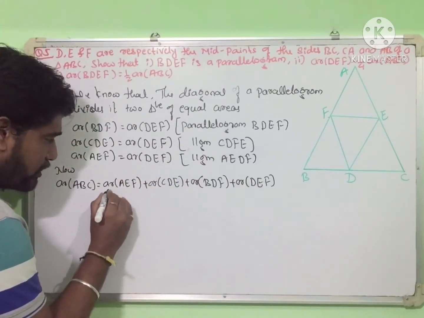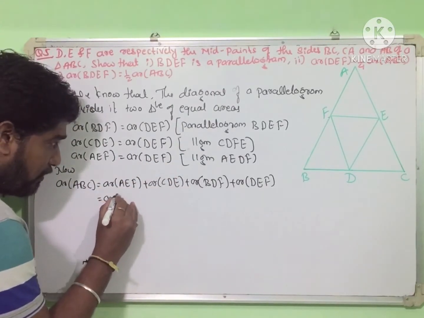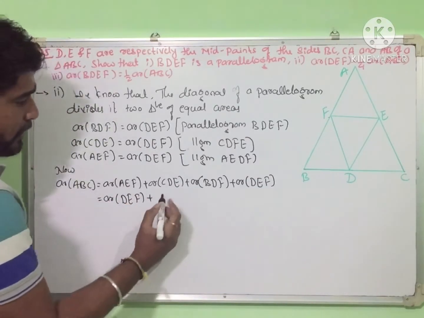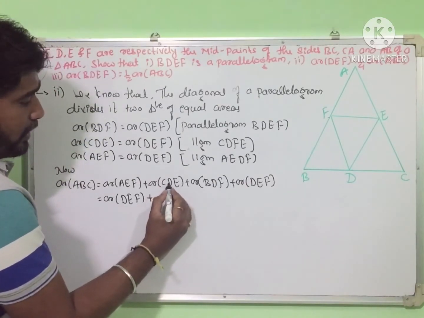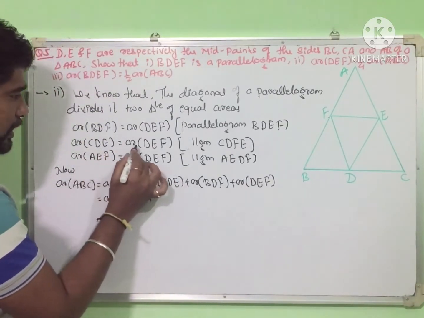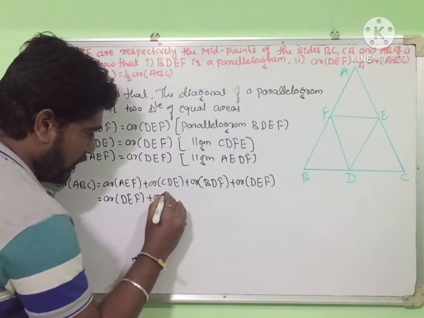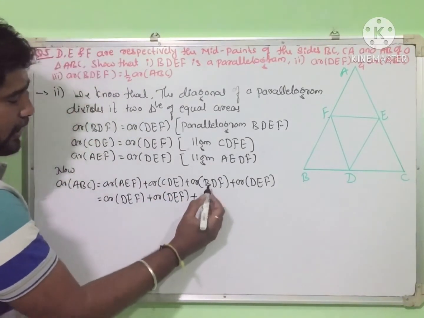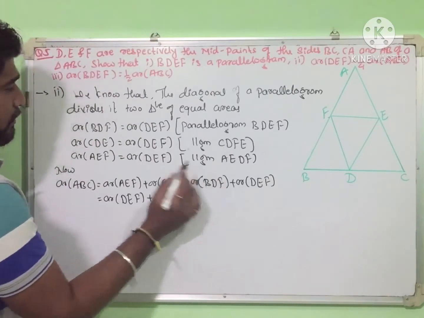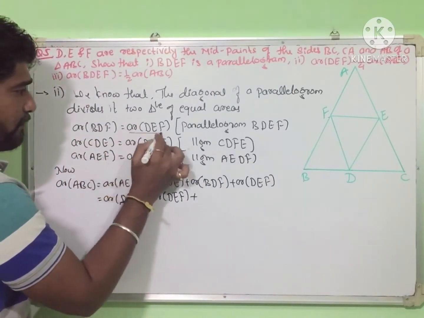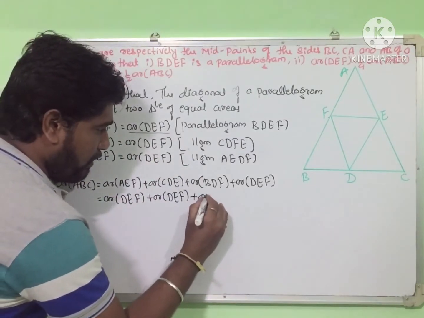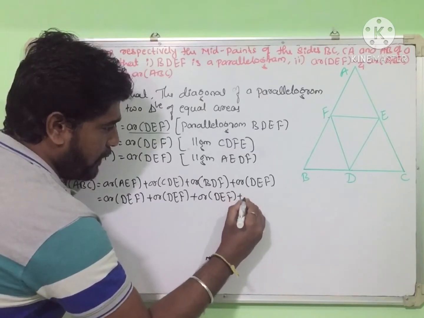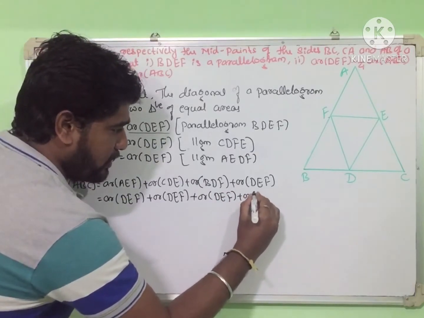Instead of AEF we can write area of DEF, plus the area of CDE which equals DEF, plus the area of BDF which equals area of DEF, plus area of DEF as it is.